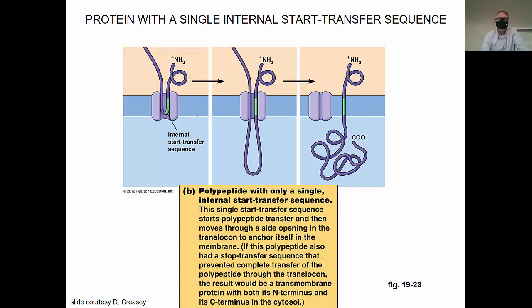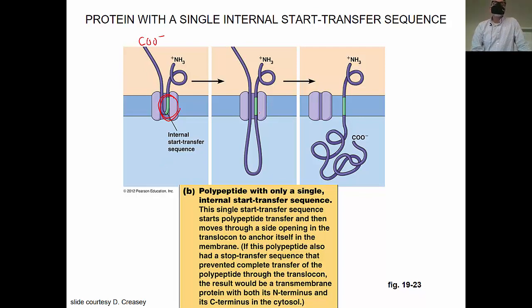Here you can see an example of one of these. In this case, it's getting the C-terminal to the sequence to translocate. Okay, so here's the C-terminal of our protein. The C-terminal portion gets transferred.